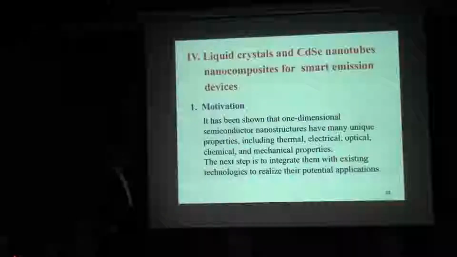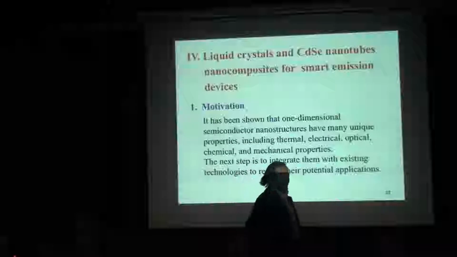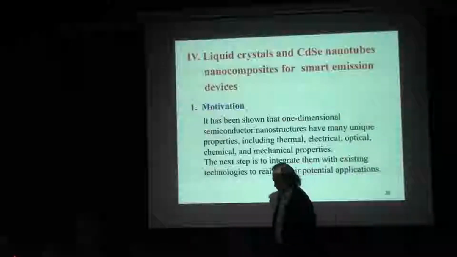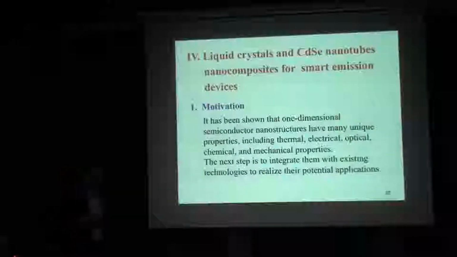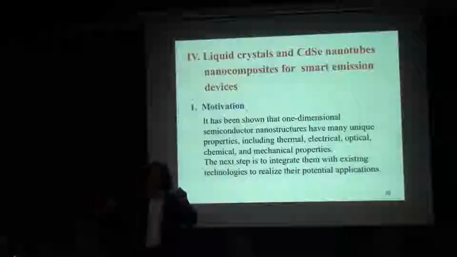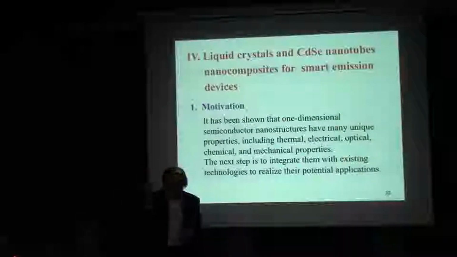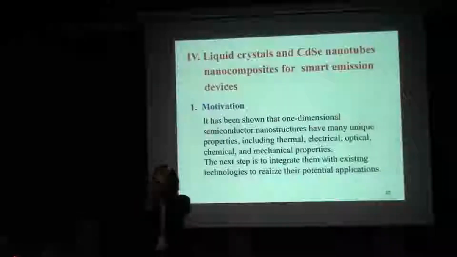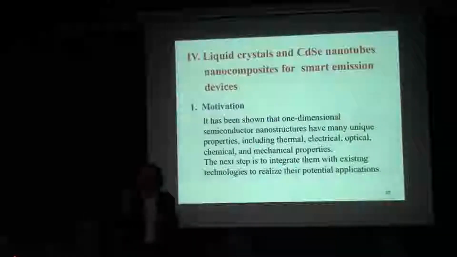Okay, the first part right now I will talk about is the integration of the liquid crystal device with the semiconductor nanostructure. The working principle to understand the liquid crystal is that the molecule of a liquid crystal is like this, a long chain.